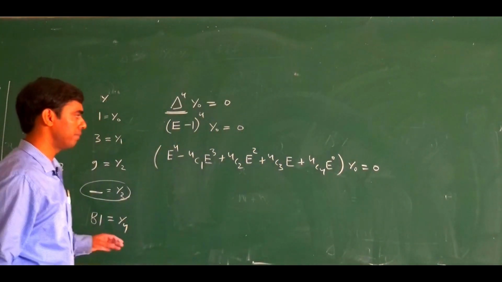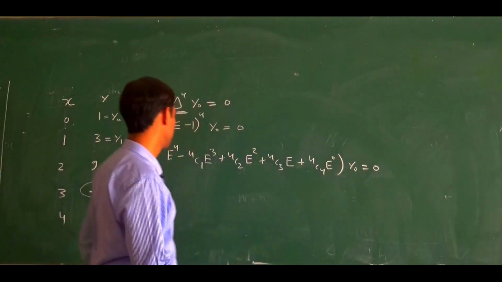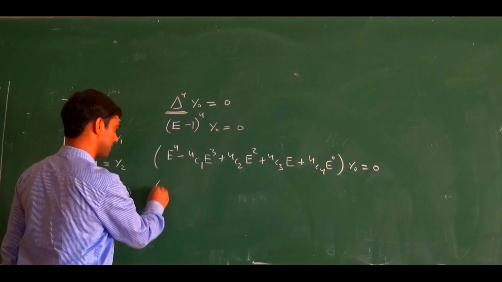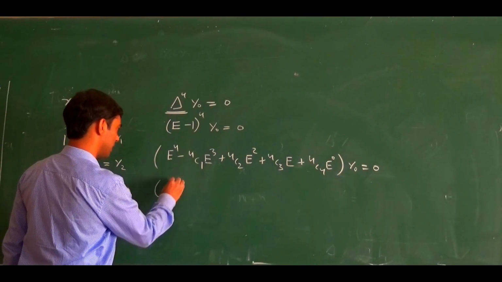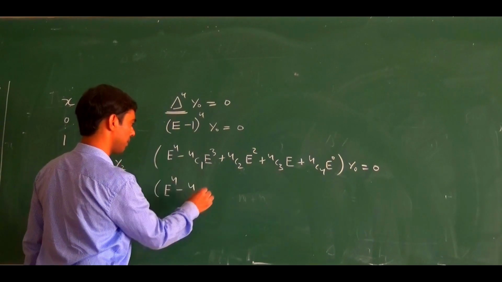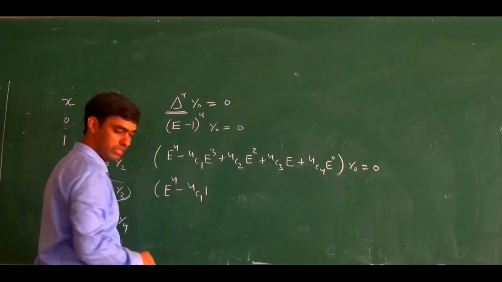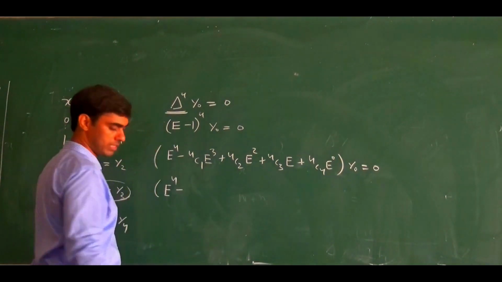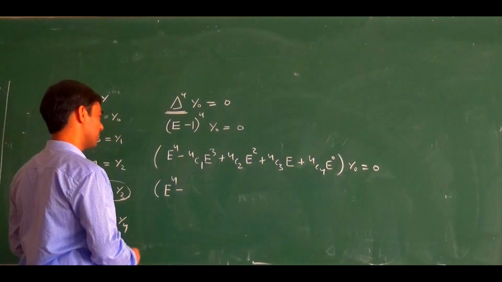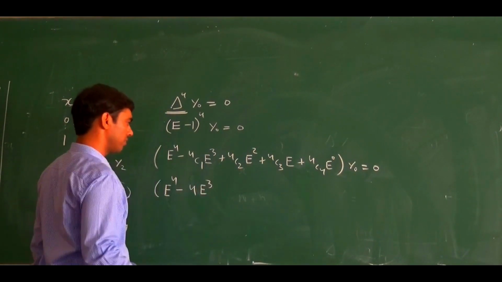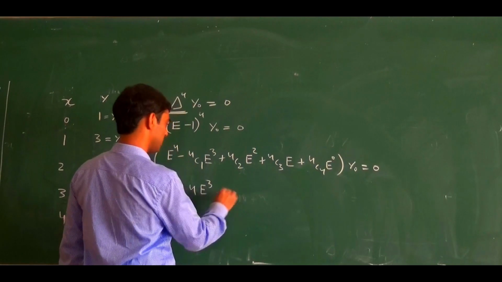So if we simplify this, what is the value of 4c1? Factorial 4 divided by factorial 3 into factorial 1, so this is 4 E cube. What is the value of 4c2?